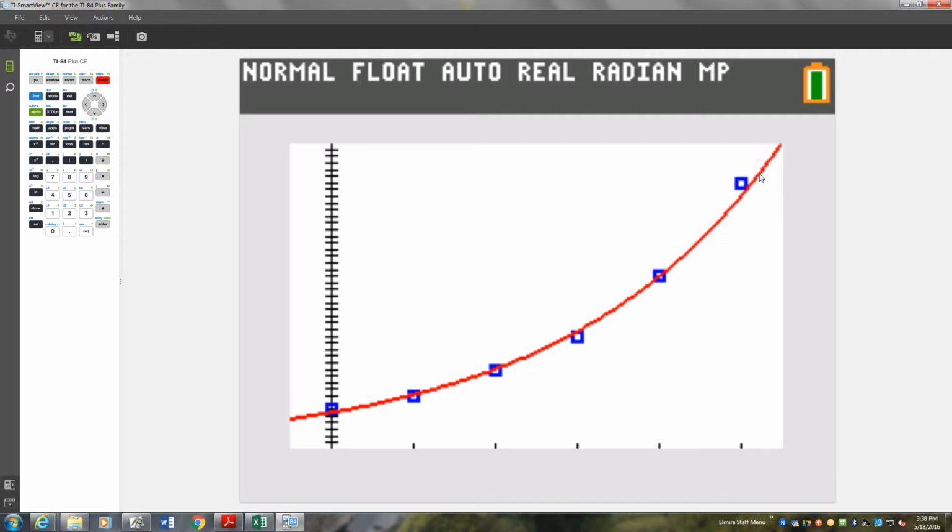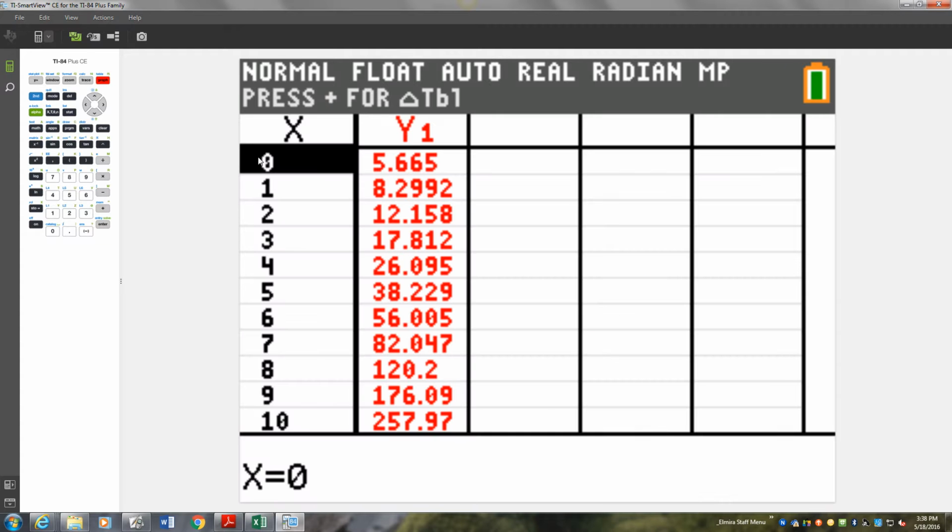That means our data is really close to this model. But you can see sometimes the line is at the lower end of the square. Sometimes the square is barely touching the line, like these two spots. Here it passes right through the square. So there's slight variation. So what we're going to do is go into the table and graph these points.